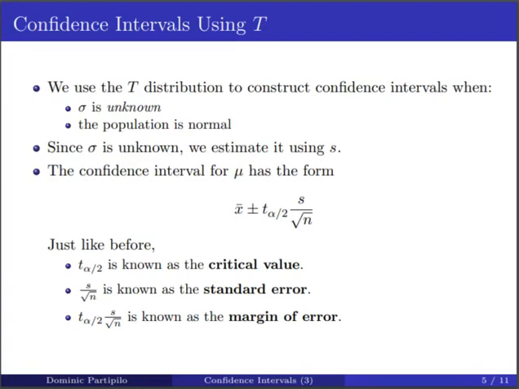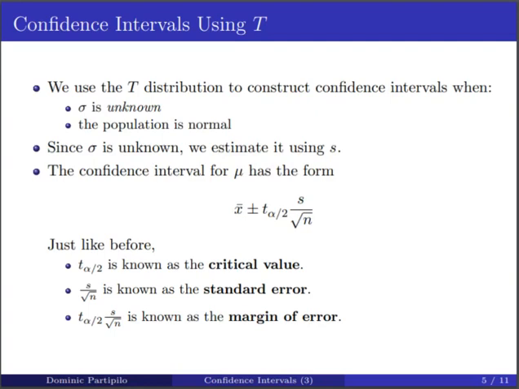So when we put it all together, our formula for the confidence interval is actually going to look pretty similar to when we were constructing the confidence interval using z, when we knew the population standard deviation. This is just going to be x bar plus or minus t alpha half, which is our new critical value here, times the standard error, which in this case, instead of sigma over the square root of n, we're going to have s over the square root of n.